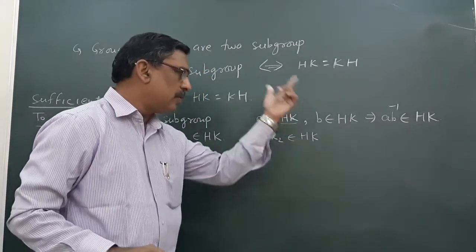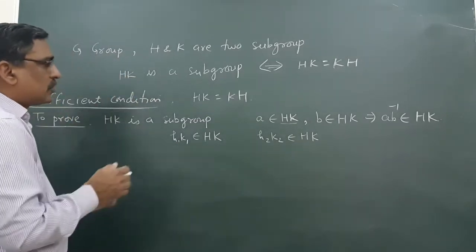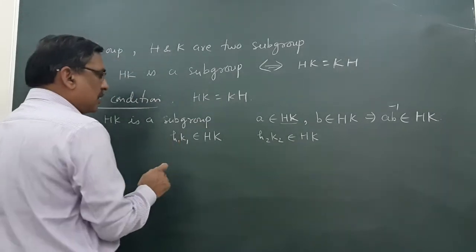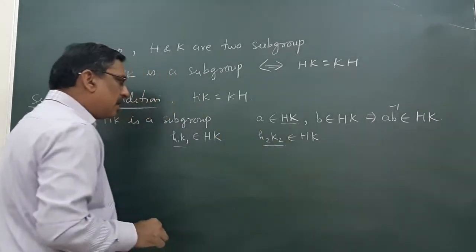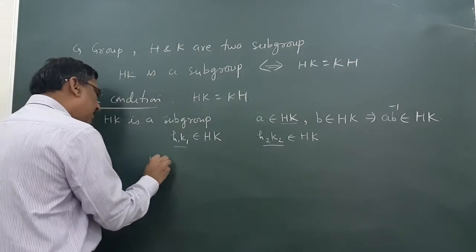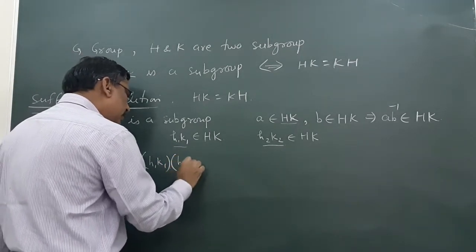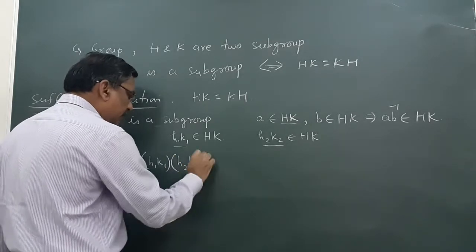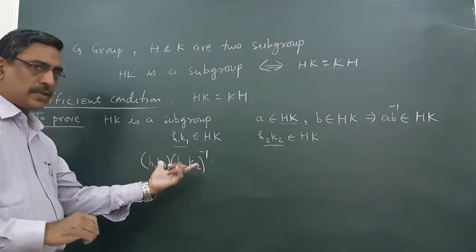Our target is to prove AB inverse. AB inverse means H1 K1 times H2 K2 inverse. Now what is this?